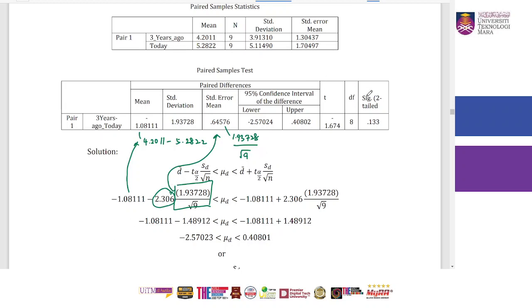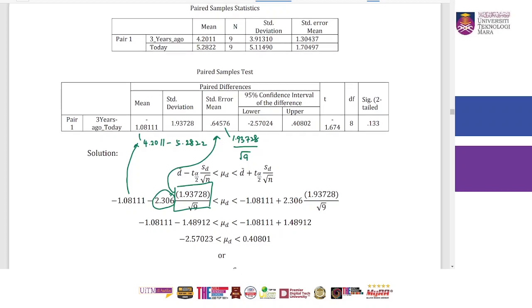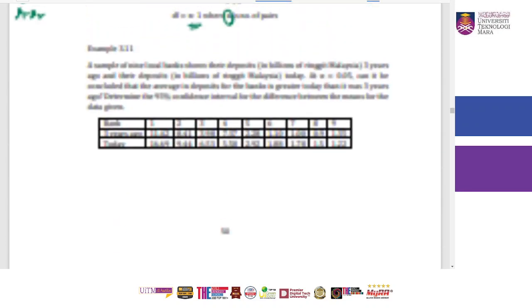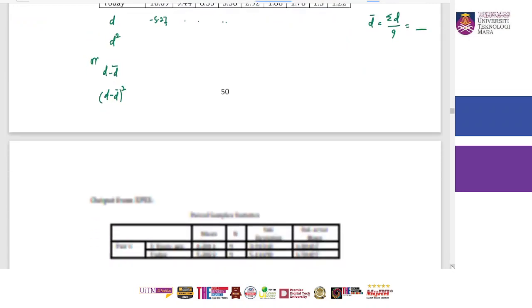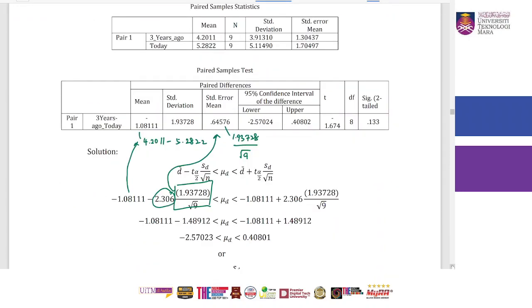Because you are using 95%, right? So that means this value is actually the value of t at 95%, so that means 0.025, with degrees of freedom n minus 1, that is 8.